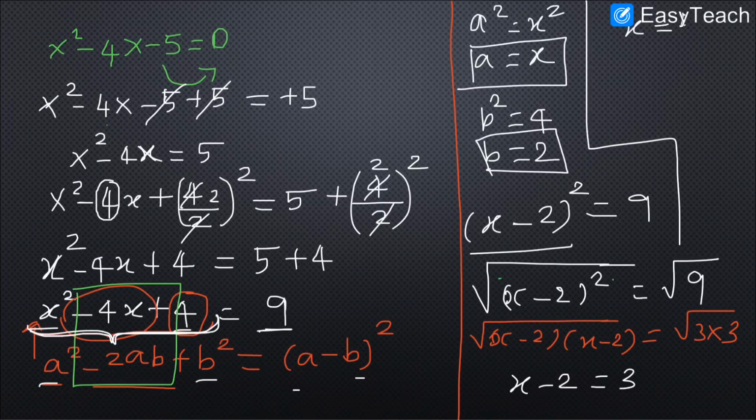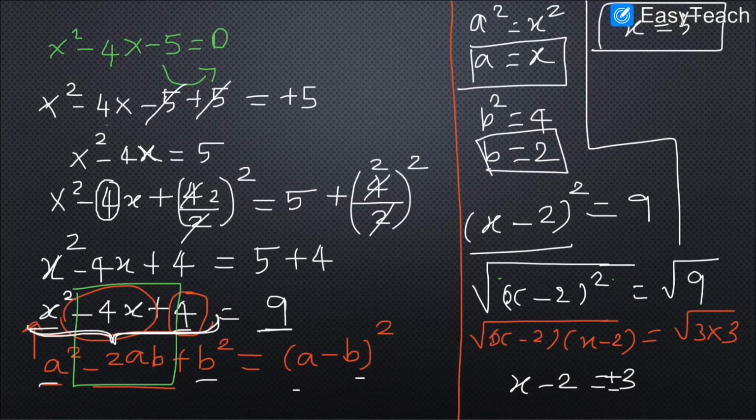And x equals 3 plus 2, 5. So here, whenever you take the root, you have to write plus or minus, because 9 can come from positive 3 or negative 3. Negative 3 also makes 9: minus 3 into minus 3 gives me plus 9.